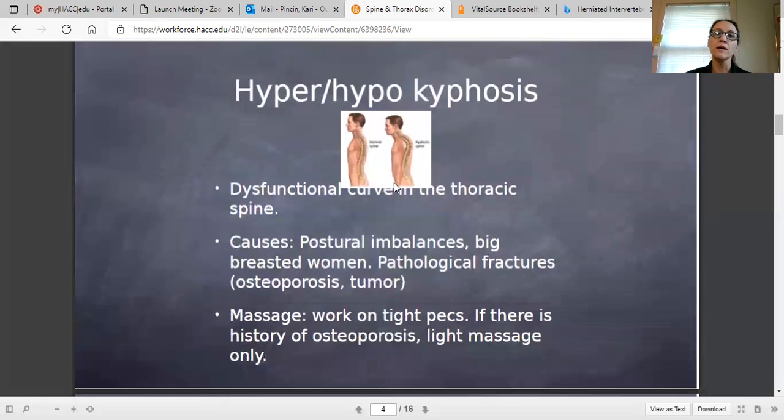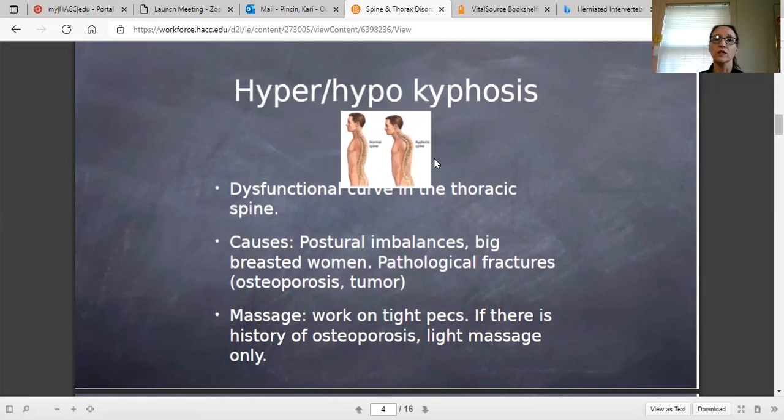Now, hyper or hypokyphosis is an increased thoracic curve or an increased kyphotic curve, or of course a decreased kyphotic curve with the hypo. You don't see hypokyphosis a whole lot. You see more hyperkyphosis, especially in older individuals.